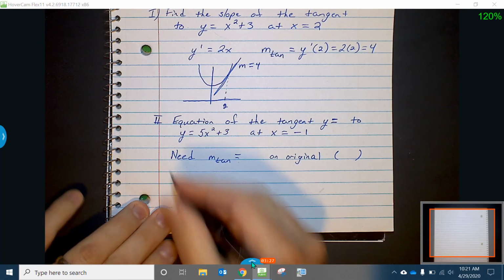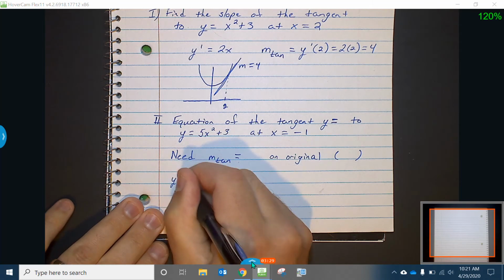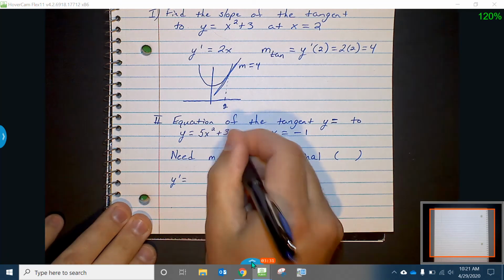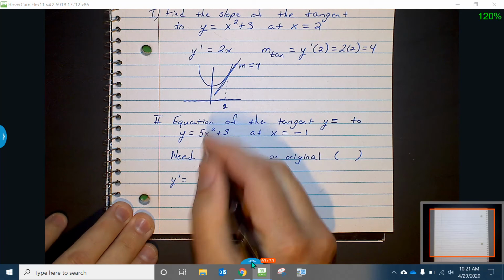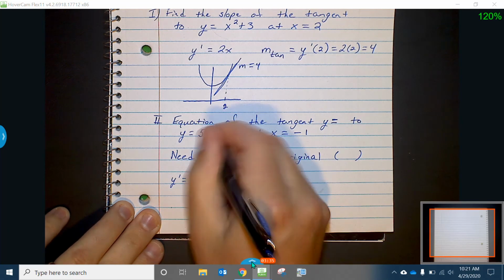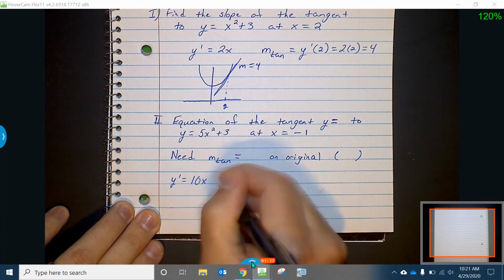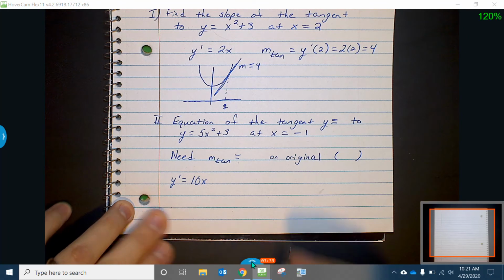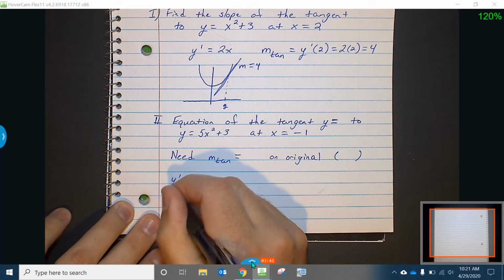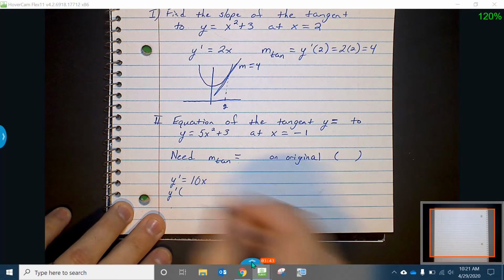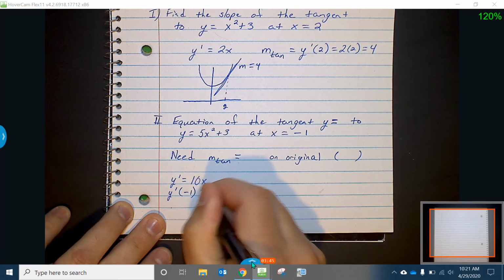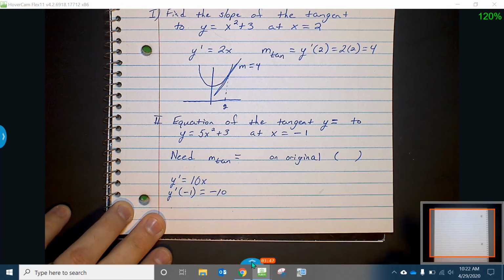Alright, so let's find the m tan. y prime equals the derivative of 5x squared plus 3. Bring the 2 down in front, drop the power by 1. 2 times 5 is 10. x to the 2 minus 1 is 1. So y prime of negative 1, 10 times negative 1 is negative 10.